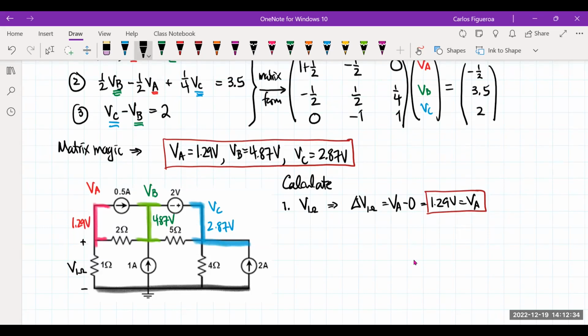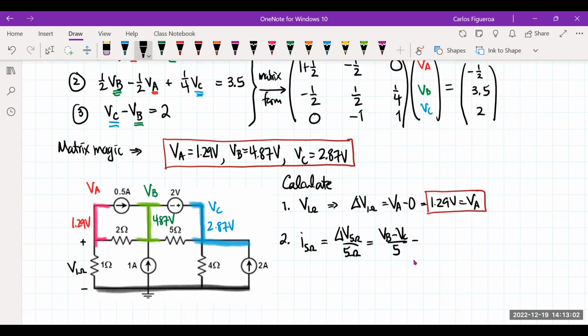Now the second thing that we need to calculate is the current. The current of the 5 ohm resistor should be the voltage difference across the 5 ohm resistor divided by 5 ohms. You can see here that the high is B, so this should be VB minus VC divided by 5.